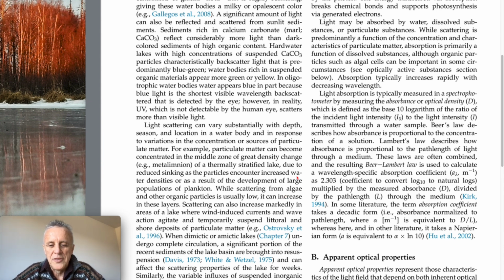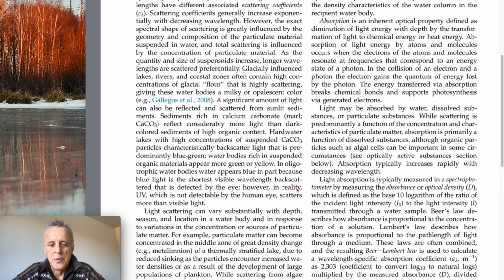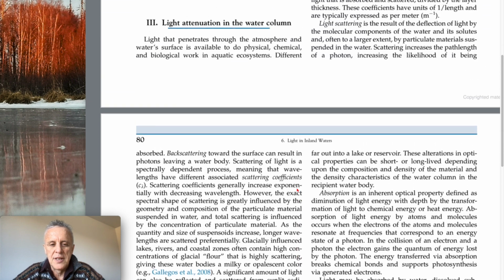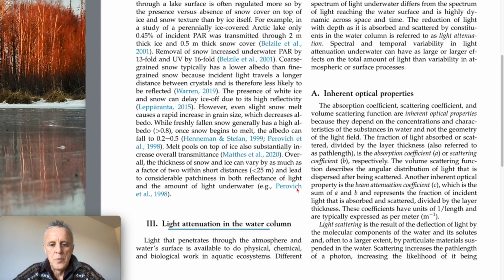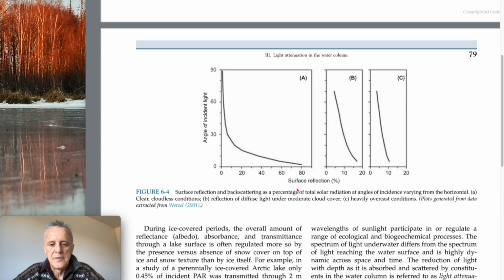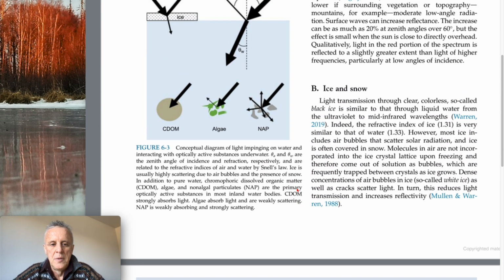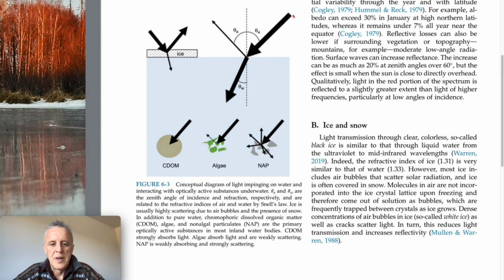So to summarize the different processes we have with light, which is a little challenging at times, let's look at the figure we were looking at here. Once again, we have light coming in, we have light being absorbed through a medium, and right here we have light absorption, and then we have light being reflected, and then we have light being scattered through the water.